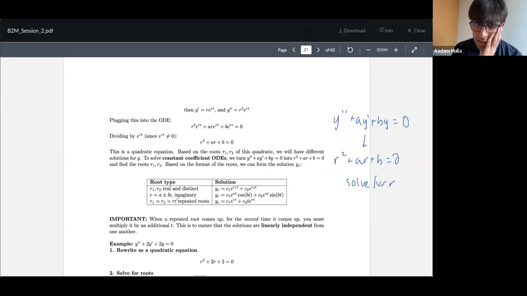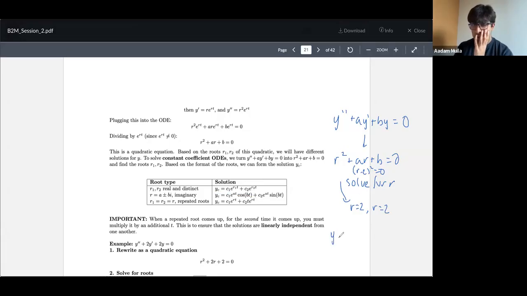Okay, the last case is where r1 and r2 are real, but they're repeated. So for example, if I solve r squared plus ar plus b and I get r equals 2 and r equals 2, as in this would factor into r minus 2 squared equals 0, then I would get two solutions for r. Okay, in this case, you may say, I'm just going to do what I have up here.